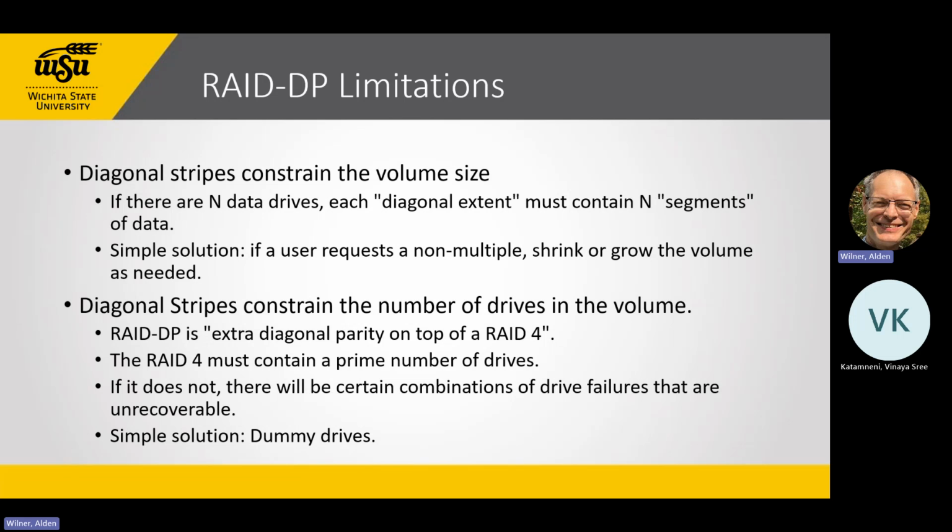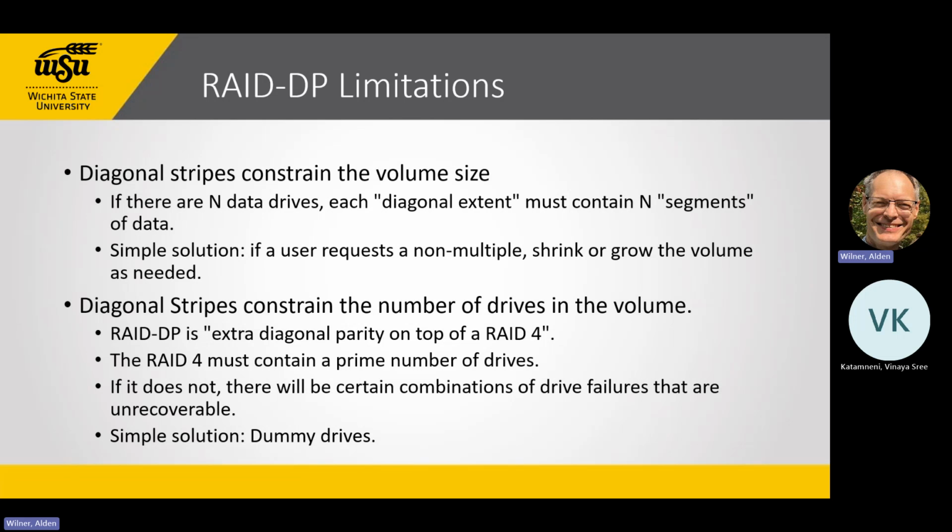So if a customer says, I want to make a volume with 8 data drives, and I want it to have 15 blocks, we'll either say, I'm sorry, you can either make 8 or 16, or we'll say, okay, fine, we gave you a 15 block one. We'll just bump it up to 16 internally and pretend you made a 15 block long volume, right?